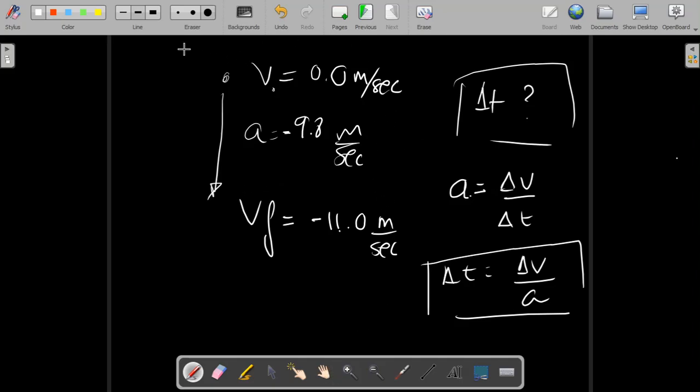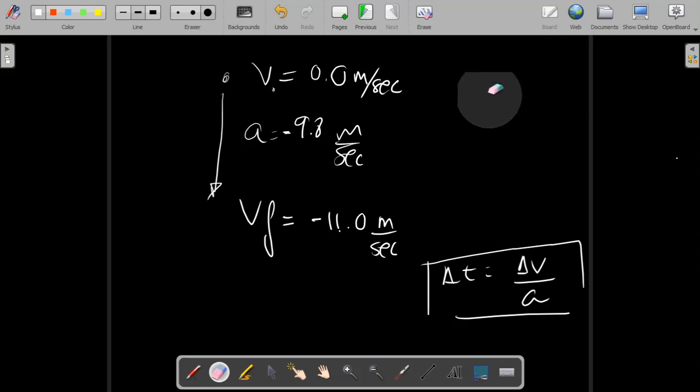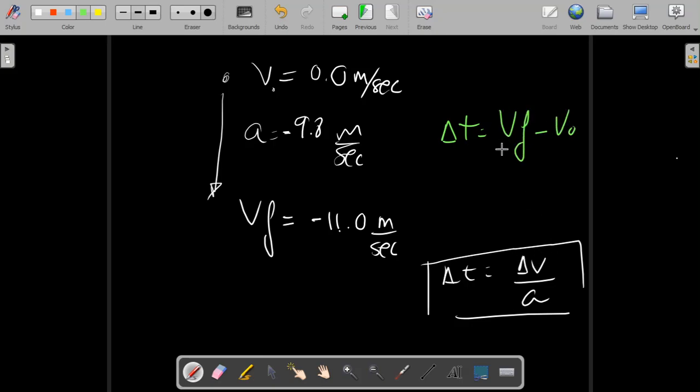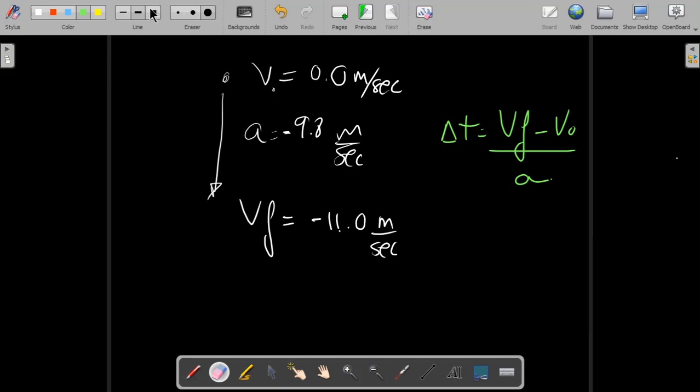Okay, so let me erase some of these so I have some room, and I'm going to put it in a different color so it's a tiny bit easier to follow. So my change in time is my change in velocity. And what is that? My final minus my initial, divided by acceleration. That's what it is. So let me erase this right here, because I already modified it to tell you what a change in velocity is. And I can put everything in, because I do have everything.